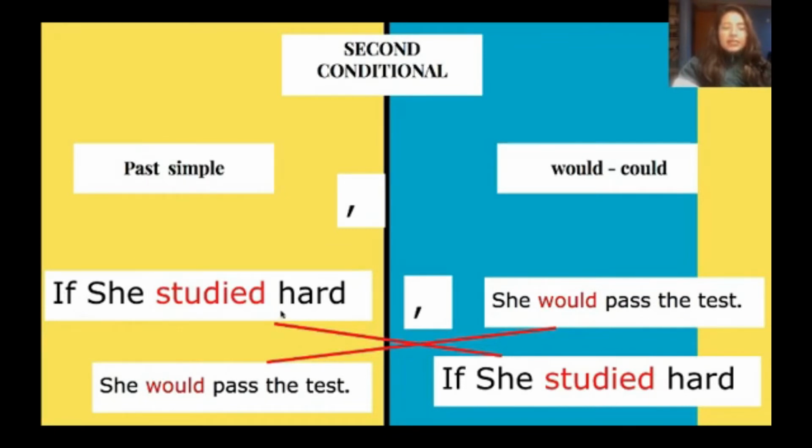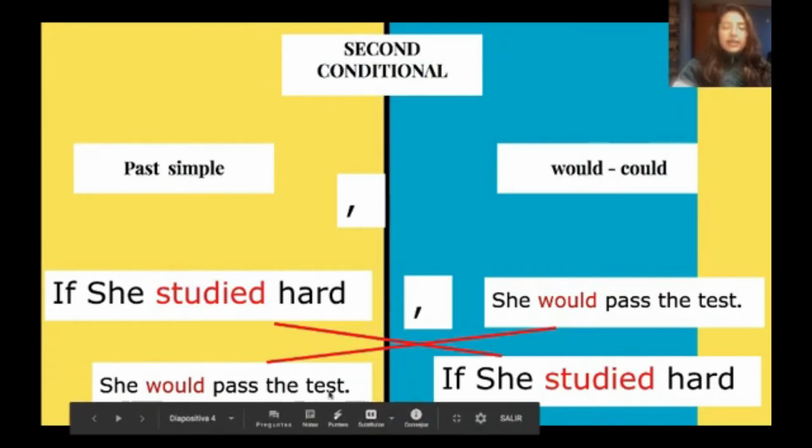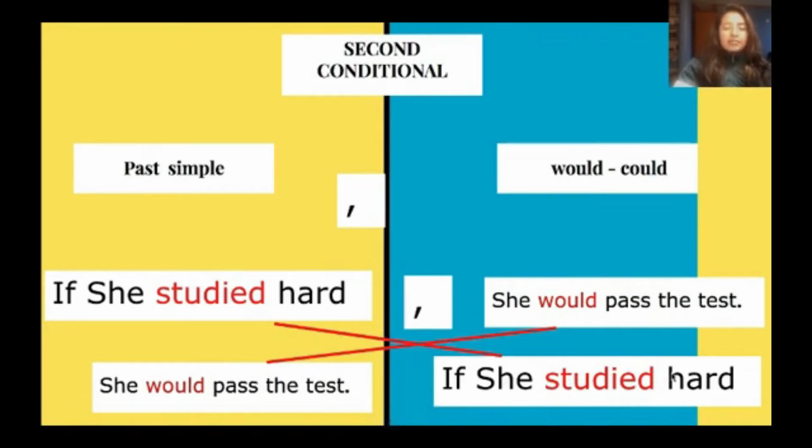Let's analyze this example. If she studied hard, comma, she would pass the test. This sentence is using the second conditional. Okay? The next, look at this. She would pass the test if she studied hard. In this case, we can change the order of the sentence.